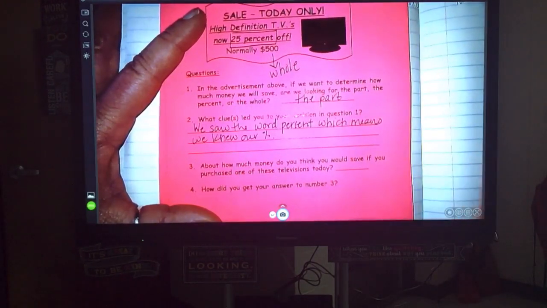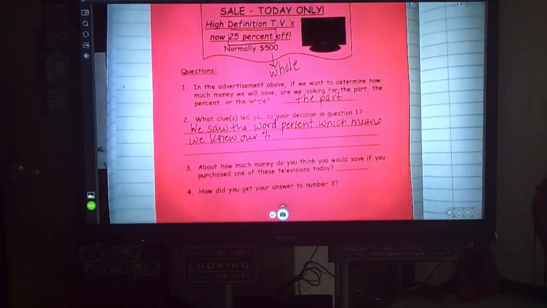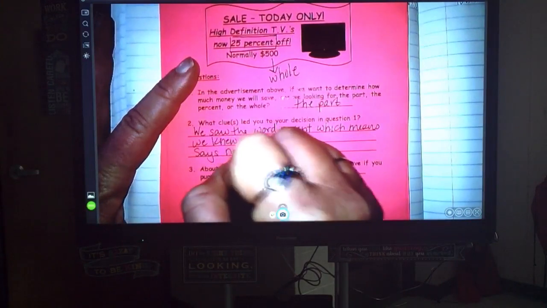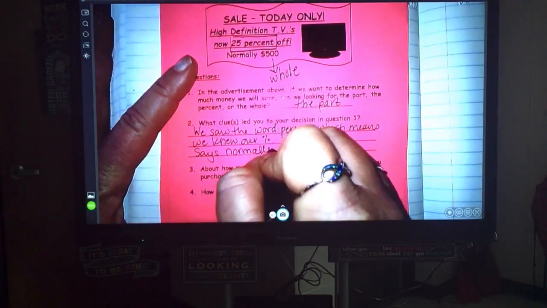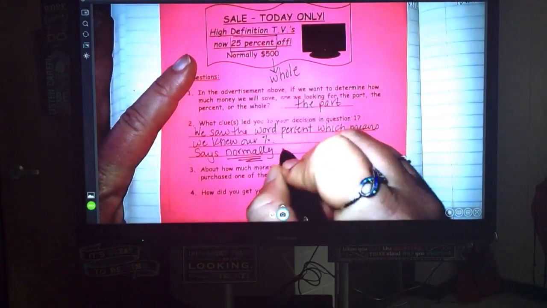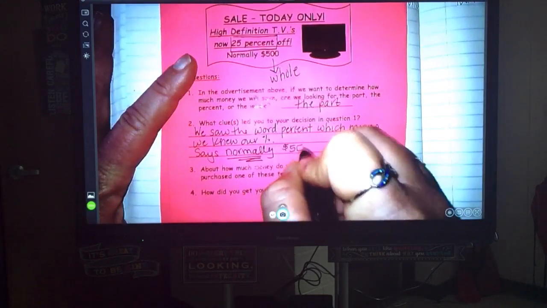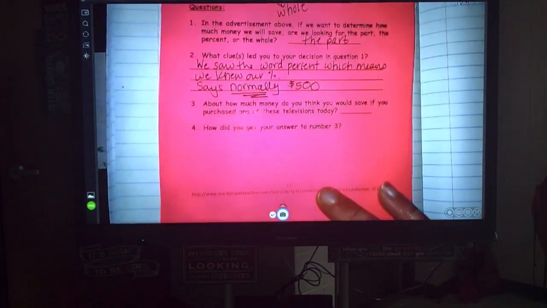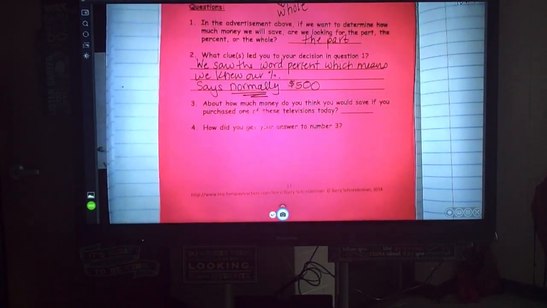Well, how did you know that was the whole? It says normally $500. Okay, so it's very important that you have those keywords. You're saying you saw the word percent or you saw the word normally. Those are important keywords for you to be able to pull out of your question.